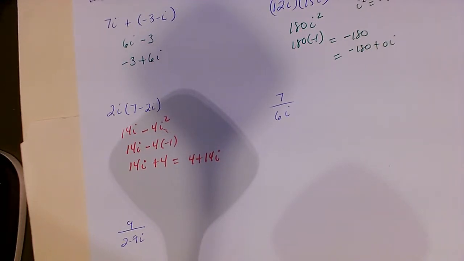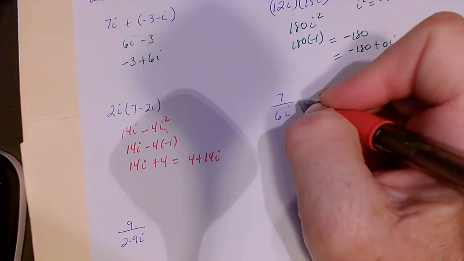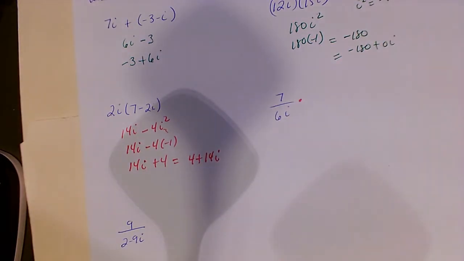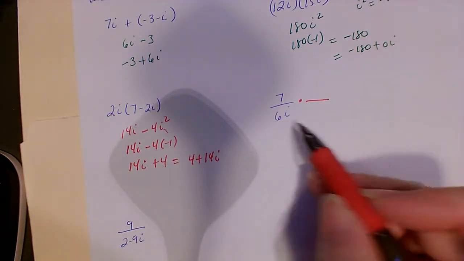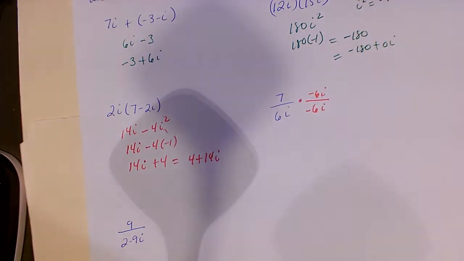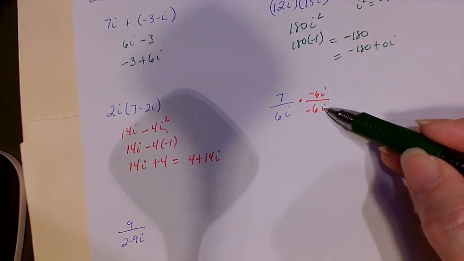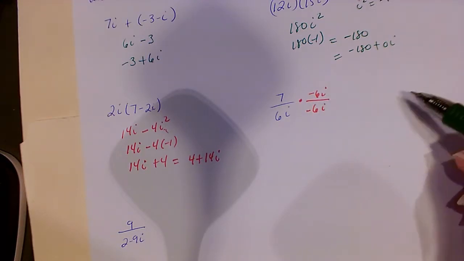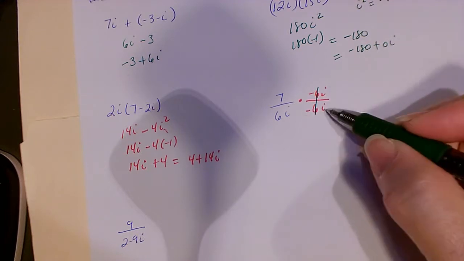On the next one, we need to rationalize our denominator. So here we have to multiply again by our conjugates. The conjugate of 6i is negative 6i, but because we really only need the i, and later if we multiply this all out, we'll have to factor out the 6, we can actually cancel out the 6 and just multiply by the i.